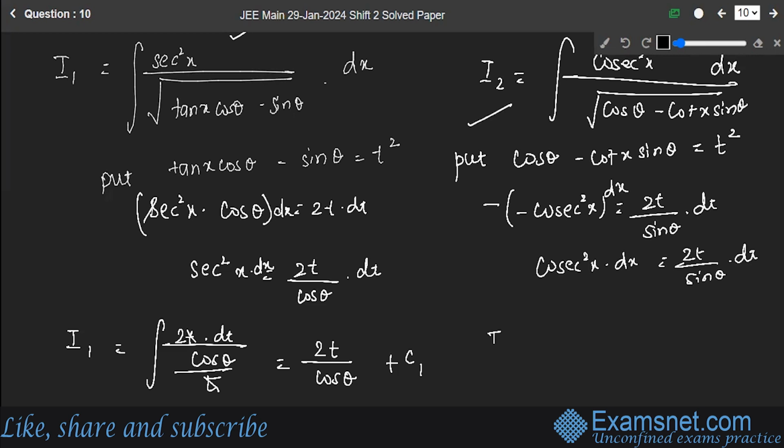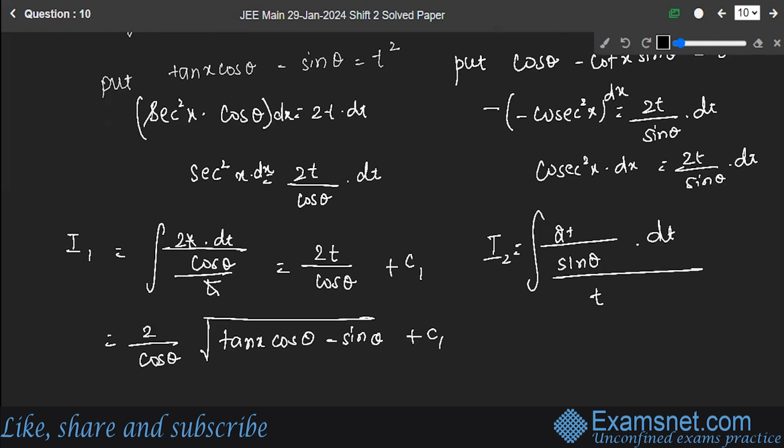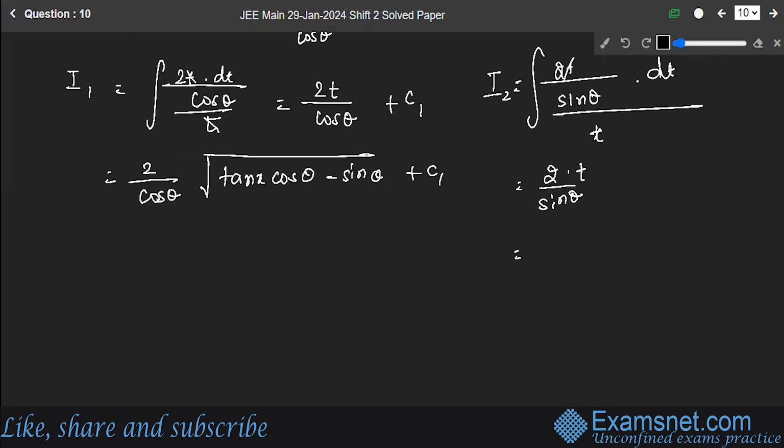Now your integral I2 will be 2t upon sine theta into dt upon t. The t cancels, so you have 2 upon sine theta into t. Filling in the value of t, this is 2 upon sine theta root of cos theta minus sine theta cot x plus some other constant C2.